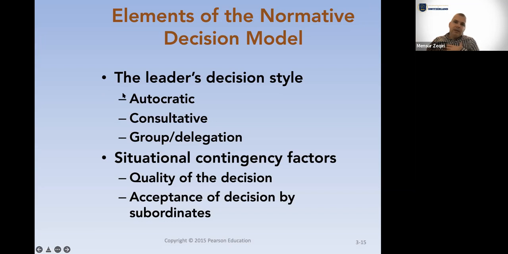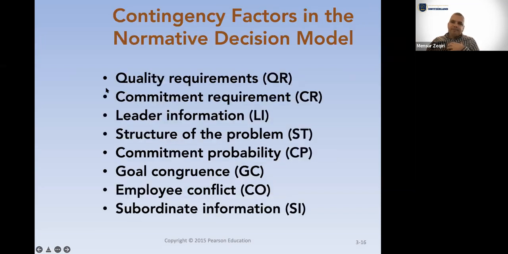So this particular model has identified some contingency factors that you can see in this slide. So as I said, quality requirements, commitment requirement, leader information. So how much does the leader have enough information to make a high quality decision?